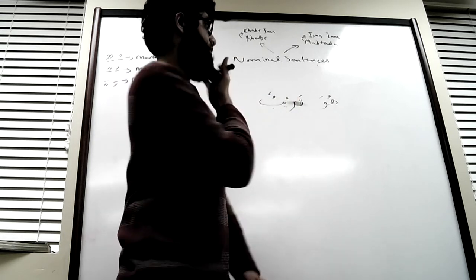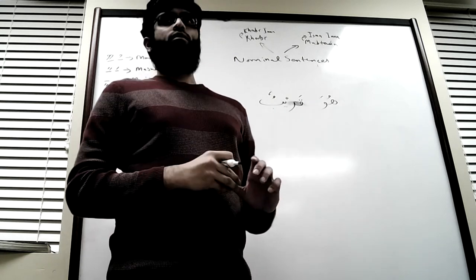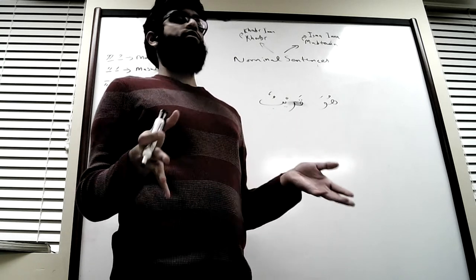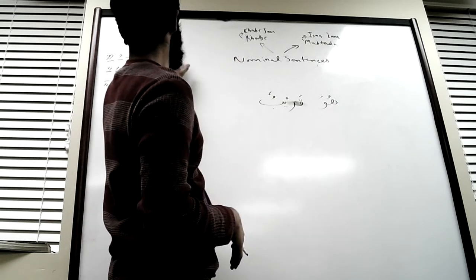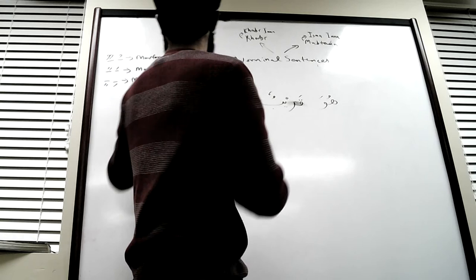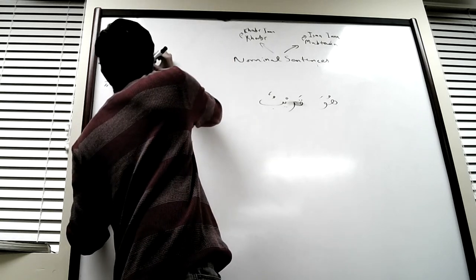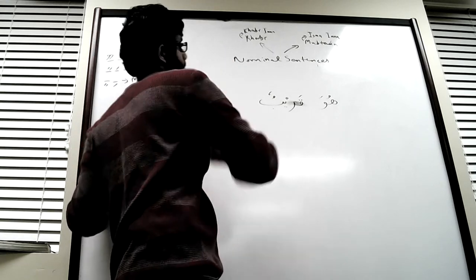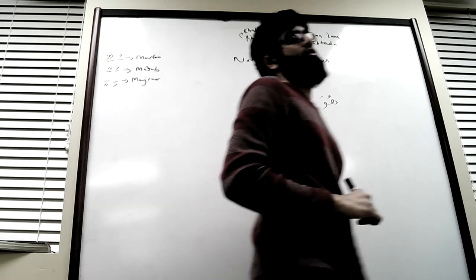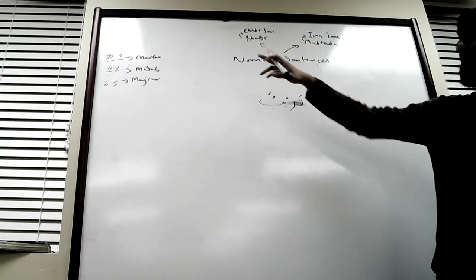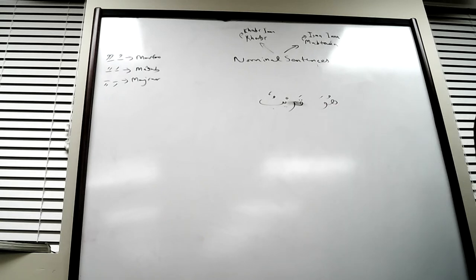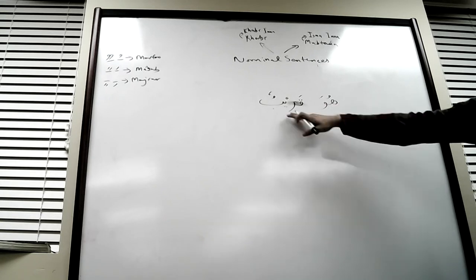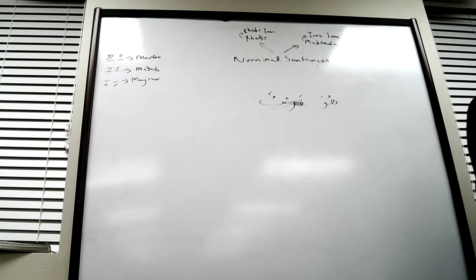Huwa is a pronoun, right? It doesn't change. Is it marfu, mansub, or majrur? It's marfu because it doesn't change. It's basically an exception. It's not like a regular noun like Hamidun or Muhammadun.